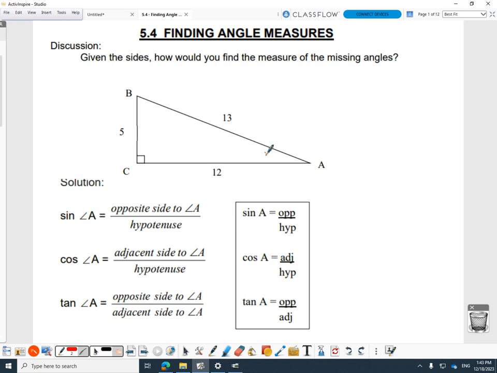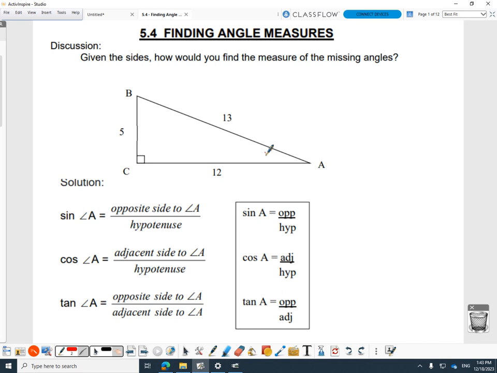Oh, sneaky. Okay, friends, more trig today. Finding angles. This really seems impossible, that I'll be able to find the angles in a triangle just given the sides.